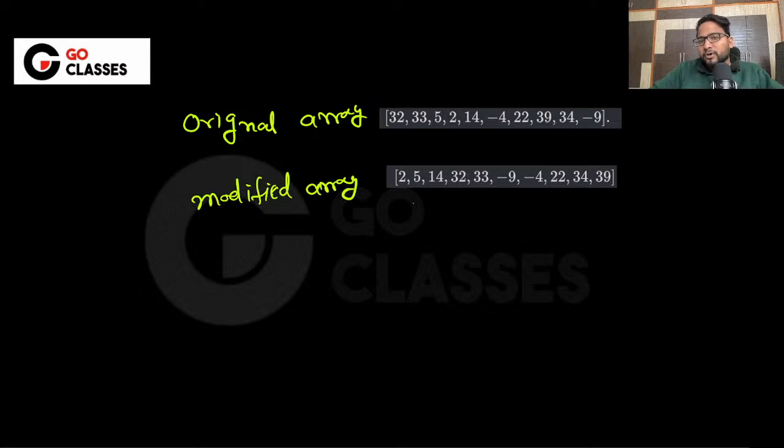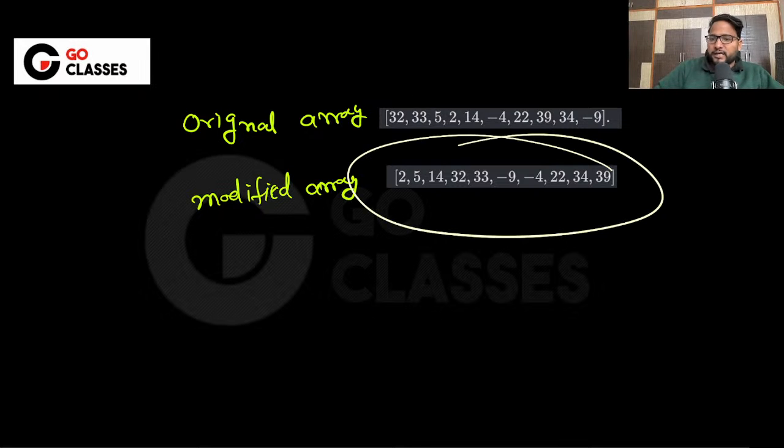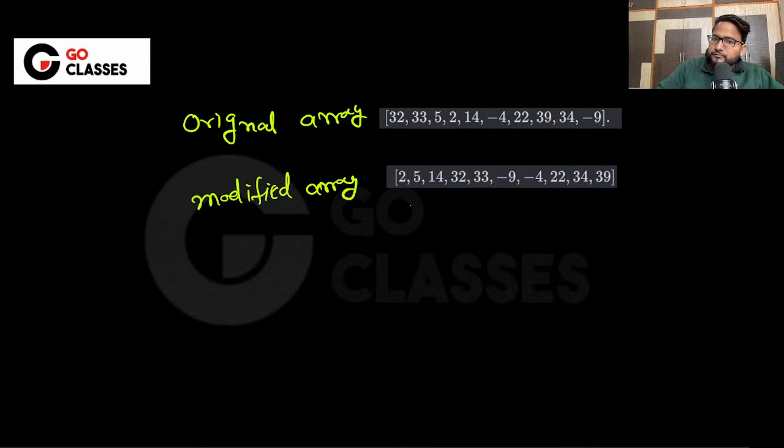Okay, in bubble sort, can you get this kind of array? Let's quickly check. If you apply bubble sort, see here, 32 and 33 will get compared, so 32 will be here, and then 33 and 5 will get compared, then 5 will be here and 33 will be here, right?